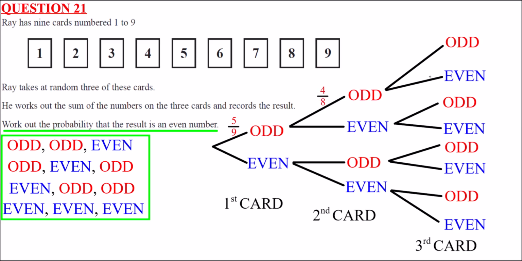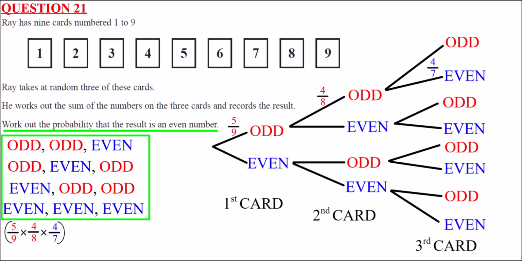Then finally to pick an even, there's 1, 2, 3, 4 even cards left, but now because 2 have already been picked, there's only 7 left in total. So the chance of picking an even last is 4/7. To work out the probability of an odd, and then an odd, and then an even, we multiply the probabilities on these branches together. So odd, odd, then even is 5/9 times 4/8 times 4/7. So we've done one step.